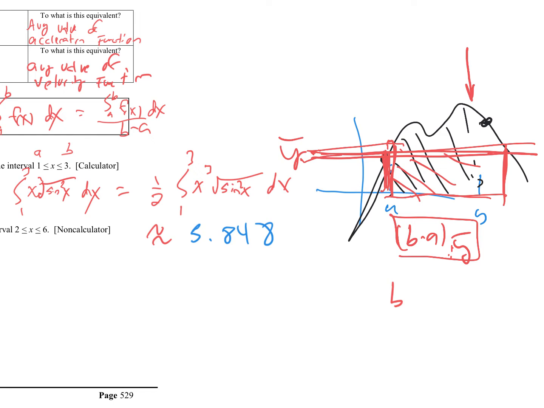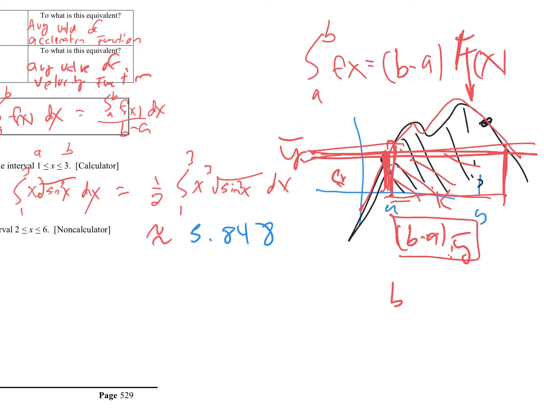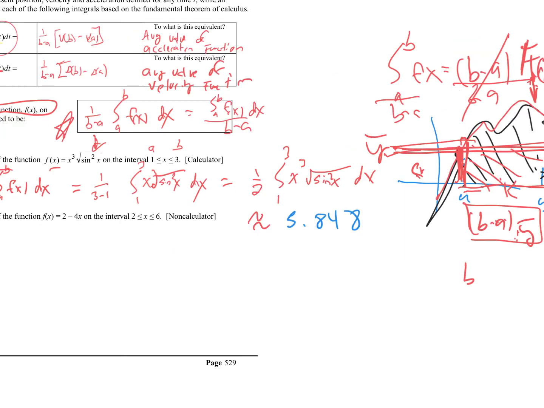If I knew how high this was, I'll just make it up, like K, then the area under this curve is exactly the area from A to B of this f of x, the same as this rectangle. B minus a times the average value. So if I divide both sides by b minus a, boom, you get this relationship. It's related, even though the author didn't bring it up.